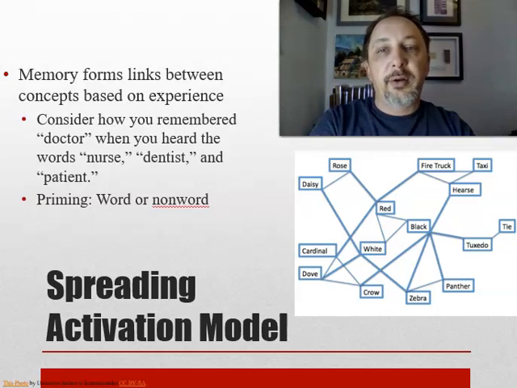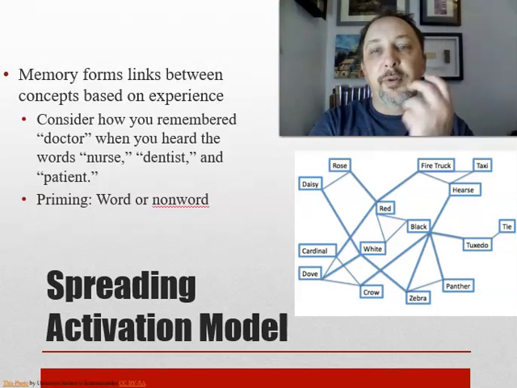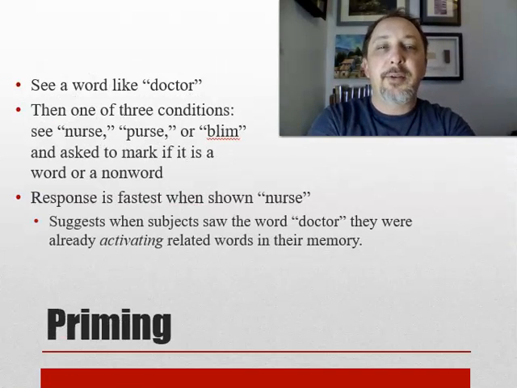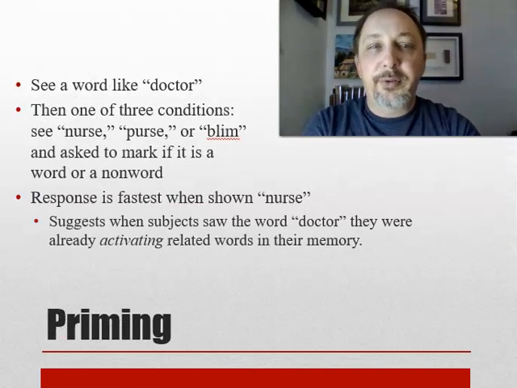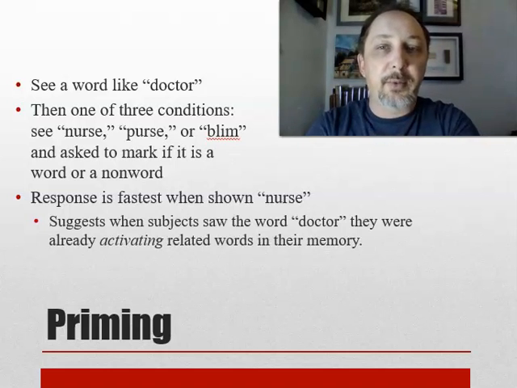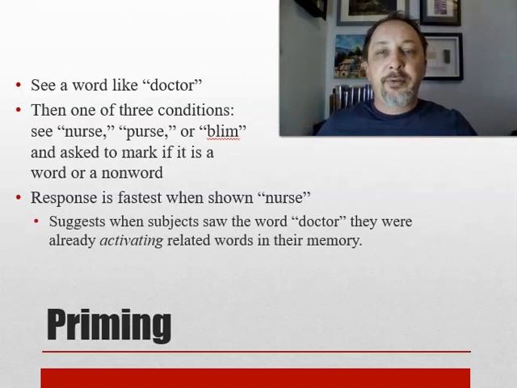So consider you heard the word doctor when you heard the words nurse, dentist, and patient. One of the Roediger-McDermott lists looks like that. But with priming, they do something a little bit different. They'll flash the word doctor on a screen, and it's going to start to activate related words. Then one of three conditions. You will either see nurse, purse, or blim, a non-word.